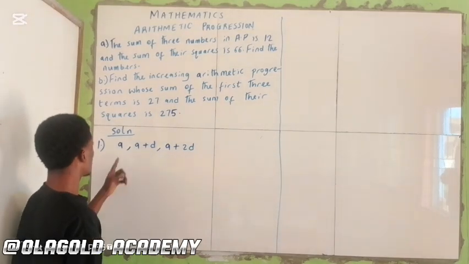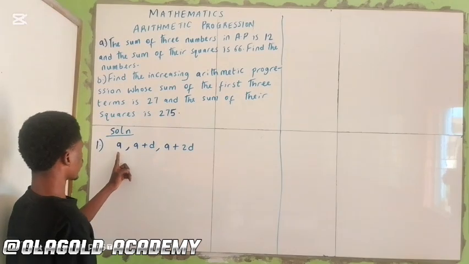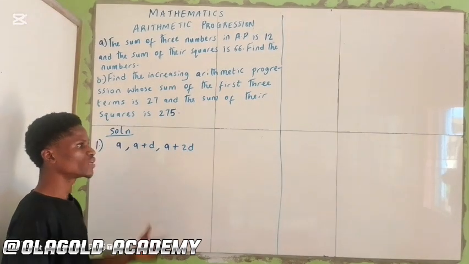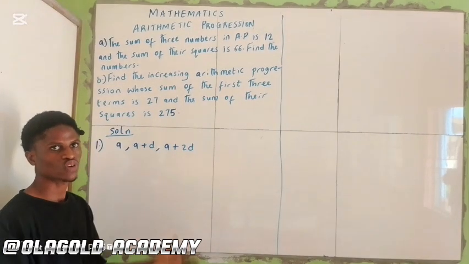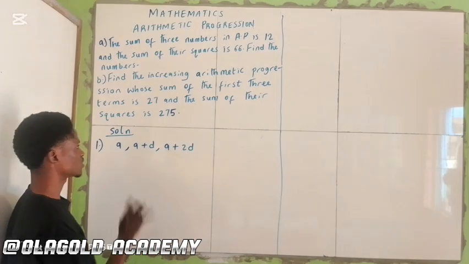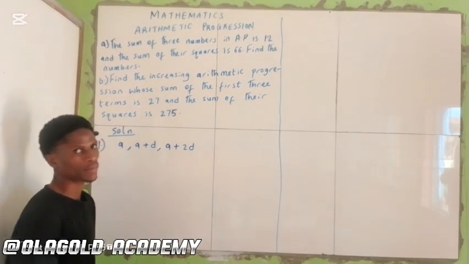Now, if we go about with these numbers, we won't be able to eliminate. So what do we do? We subtract D from each term.